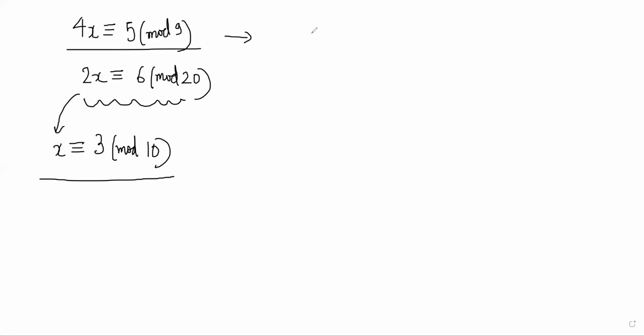And this I have to think about what to do, right? Because here 4 and 9 are relatively prime, and I cannot divide by 4. That doesn't make sense. But what I can do is multiply both sides of a congruence by something. First thing to note is since GCD of 4 and 9 is 1, there is an inverse of 4 modulo 9.